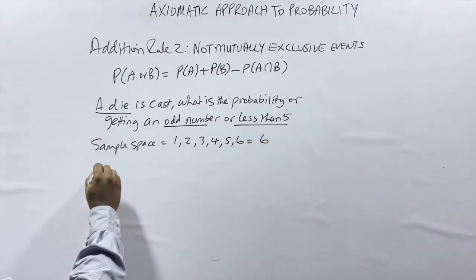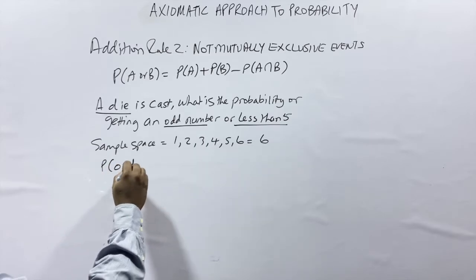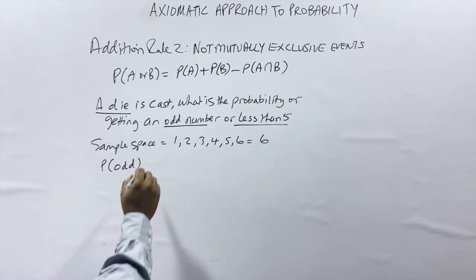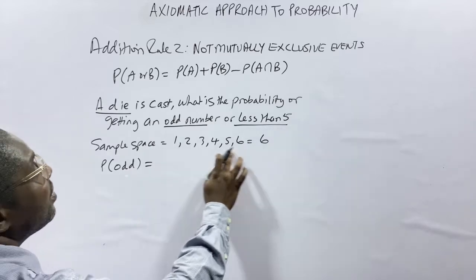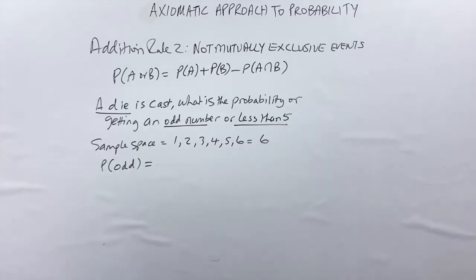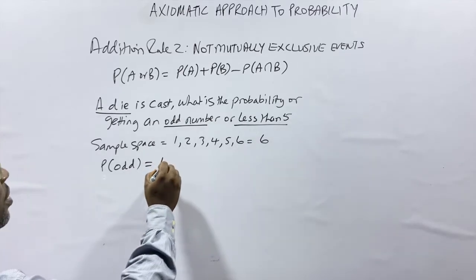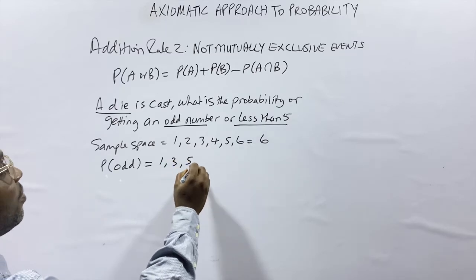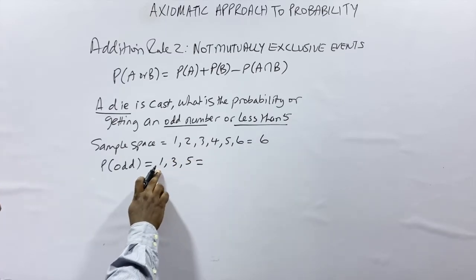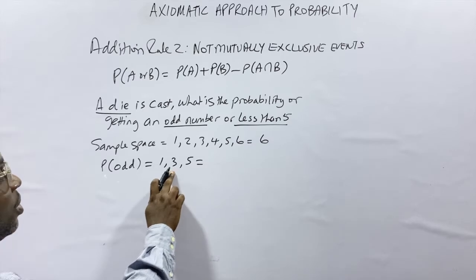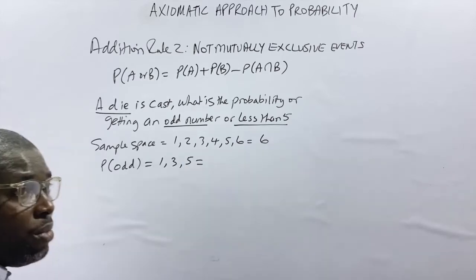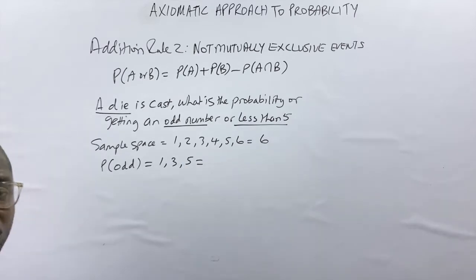Now, the probability of an odd number is what? How many odd numbers do we have? We have 1, 3, and 5. So we have either 1 or 3 or 5. Remember, the probability of odd could be any of these.